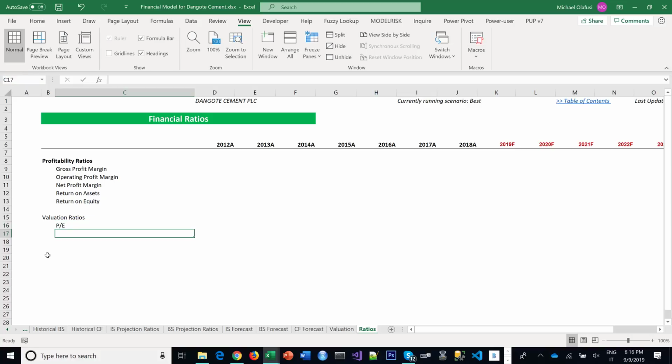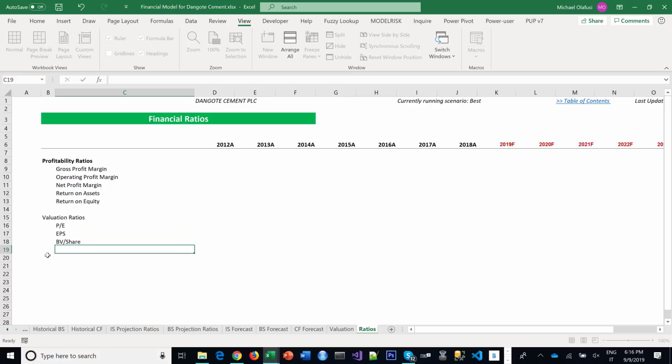So the PE ratio, the EPS, book value per share, price to book value, dividend yield.